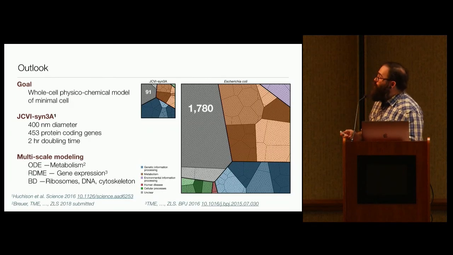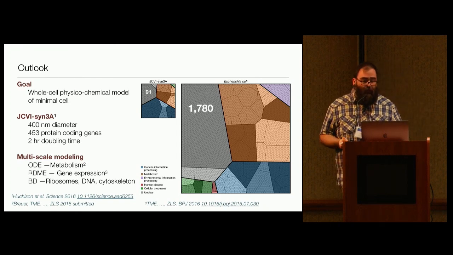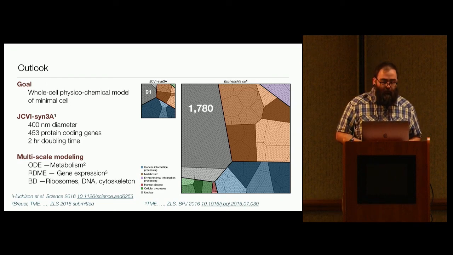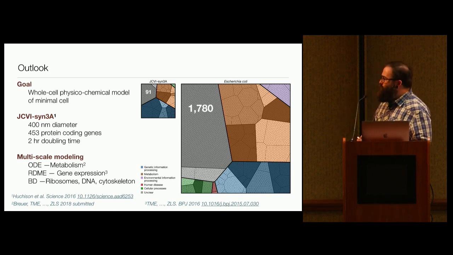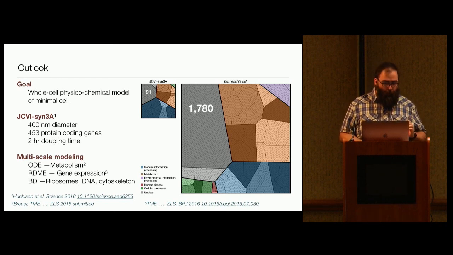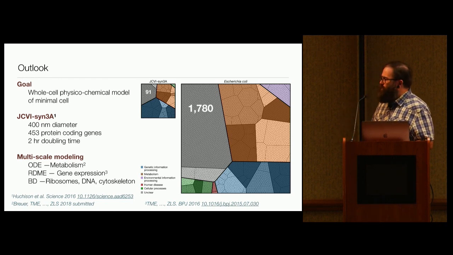So the whole goal of this hybrid modeling work is we want to simulate an entire cell. So that's kind of a lofty goal. Fortunately, there is a cell which is just simple enough that it's probably possible. It's the so-called minimal cell.